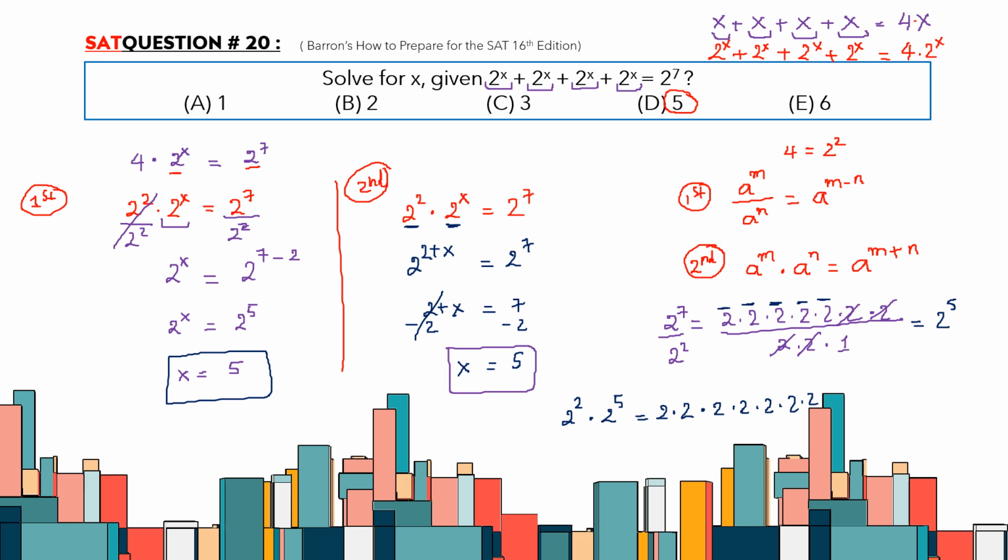So now we can count that, right? 1, 2, 3, 4, 5, 6, 7. So that equals 2 to the power of 7. That makes sense? So when you multiply, you're adding the powers. When you divide, you subtract the powers.